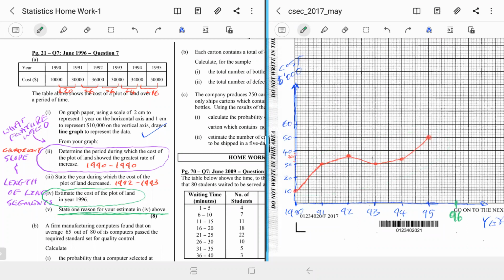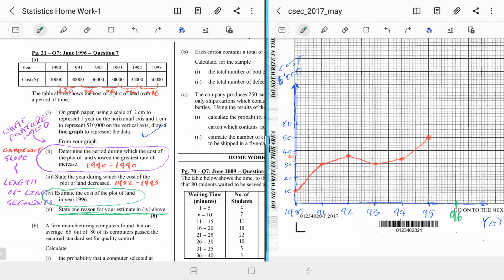Go ahead, let me hear you. First thing, do you expect it to be more or less? Sir, I think it's going to be more, like there's going to be an increase. Why do you think so? Sir, because in the previous years there was a constant increase in price.